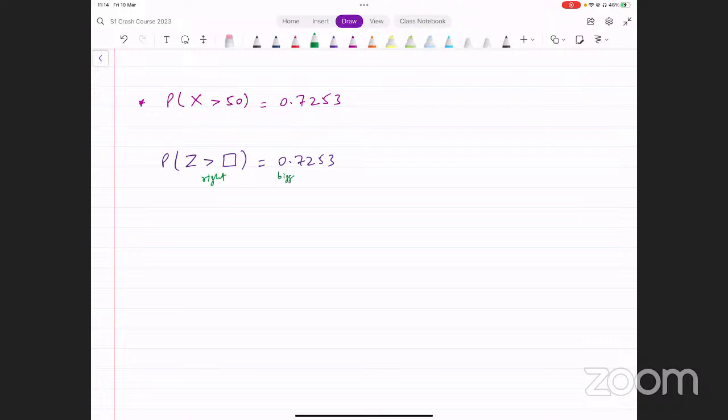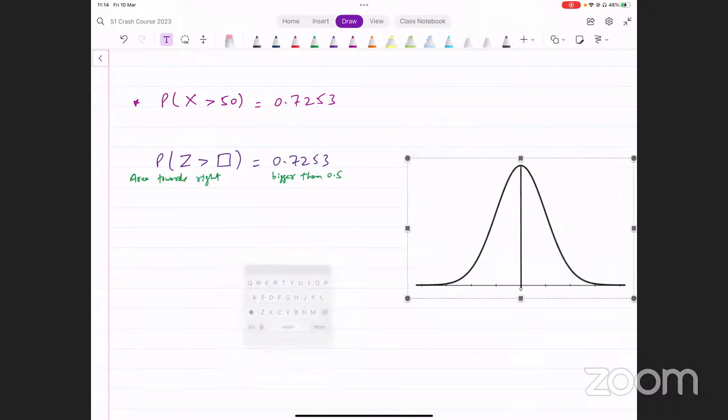You compare with 0.5 to basically say whether it's bigger or smaller, because the total area is 1. So area towards right should be bigger than 0.5. Now, again, think of the normal distribution curve. This is how the curve looks like.